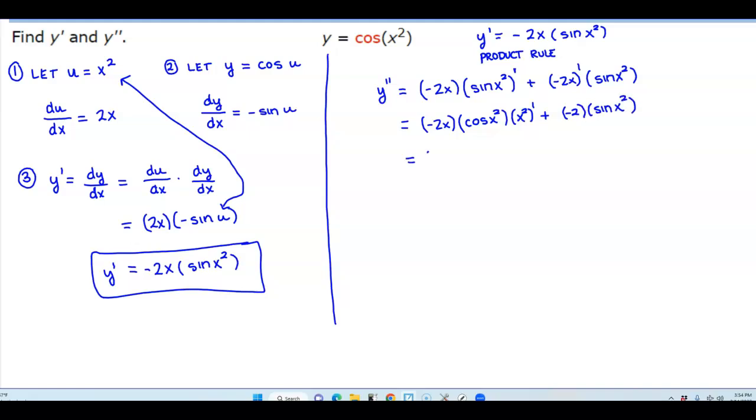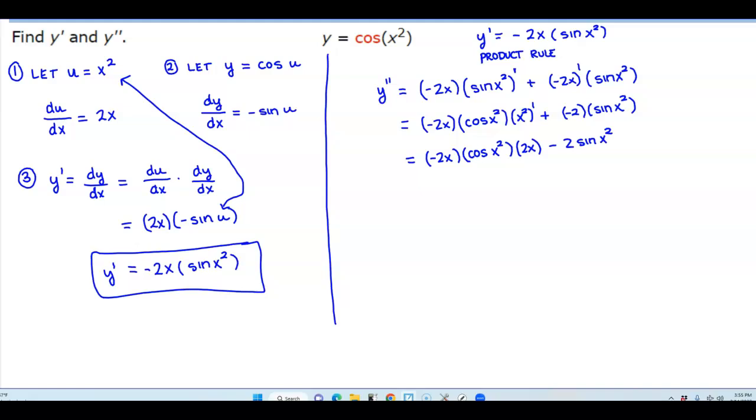Okay, so now we have negative 2x times the cosine of x squared, and the derivative of x squared is 2x, and then this is minus 2 times the sine of x squared.